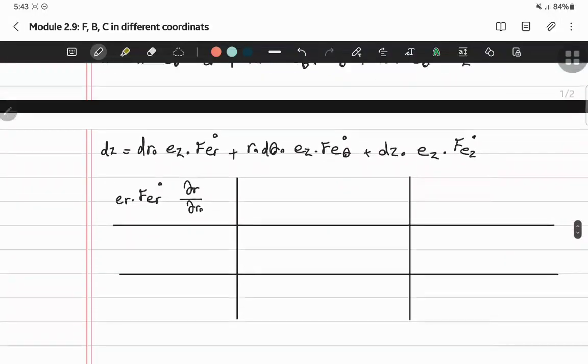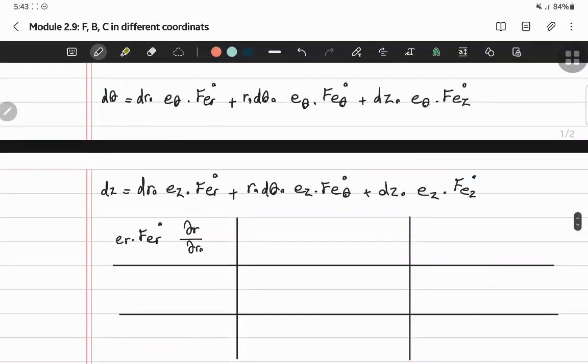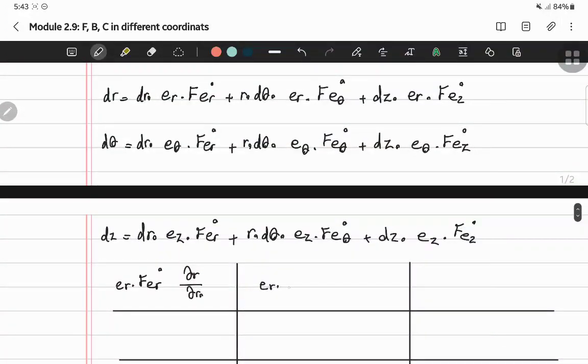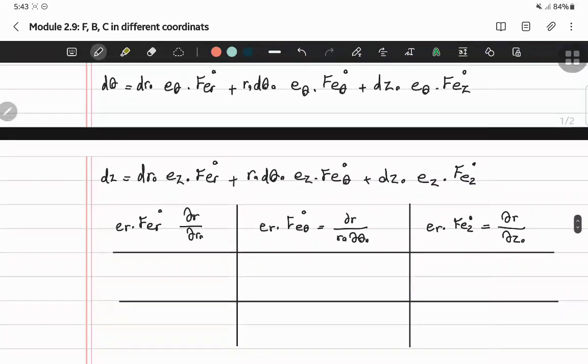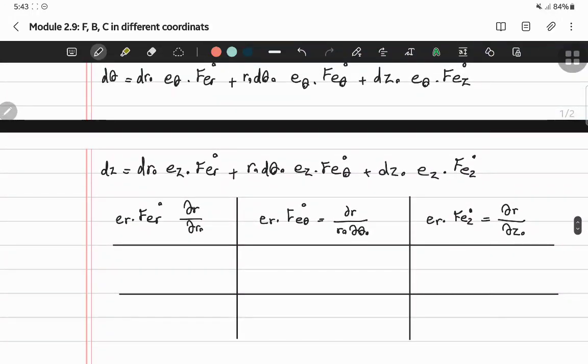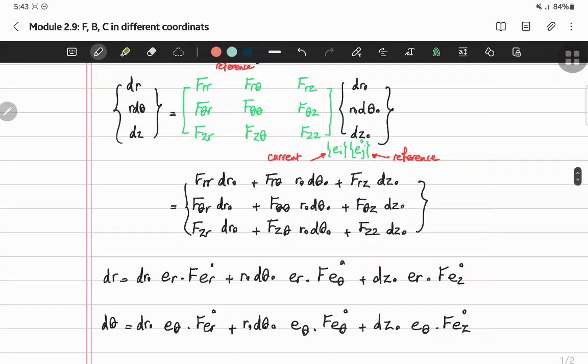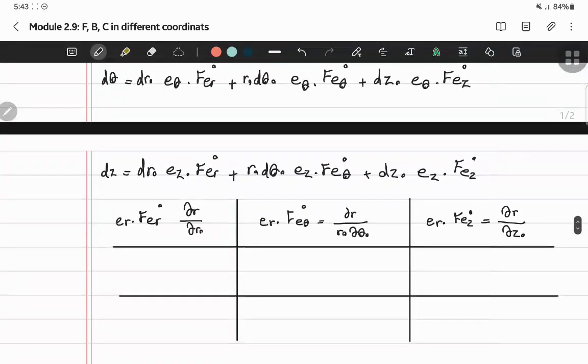Next we have e_R F e_theta, which is F_R theta. F_R theta is in here. So we have e_R dot F e_theta0, so partial derivative of r with respect to r0, partial derivative of theta 0. And then this one in here is e_R dot F e_z0, equal to partial derivative of r with respect to z0. Then we have e_theta F_theta R, which is in here.